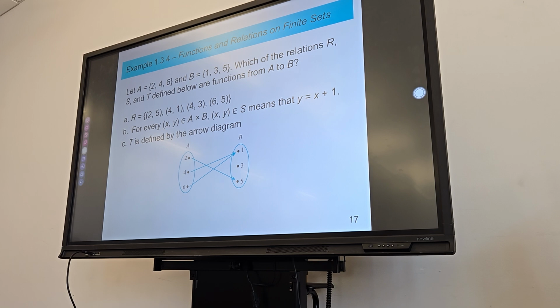All right. Is R a function from A to B? I see heads shaking. No, it is not, because 4 from the domain has 2 corresponding elements from the codomain.